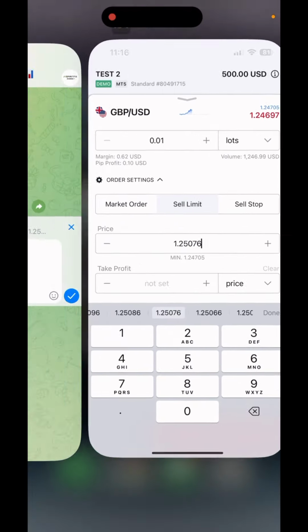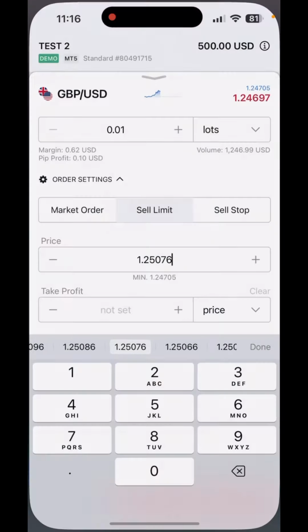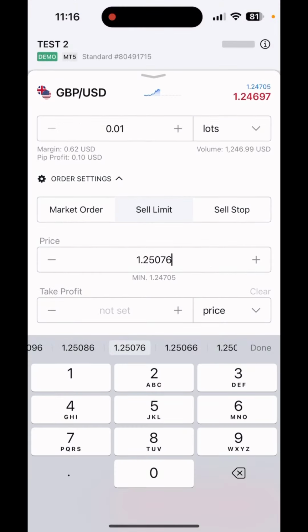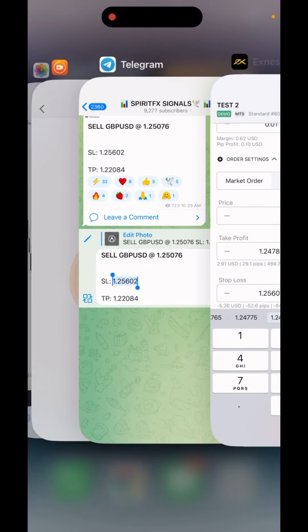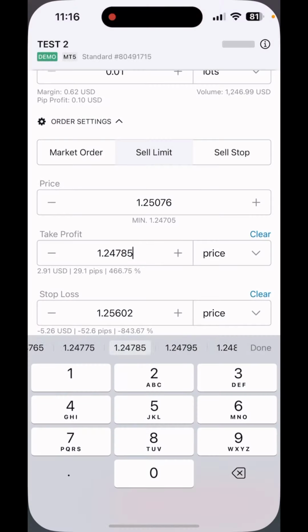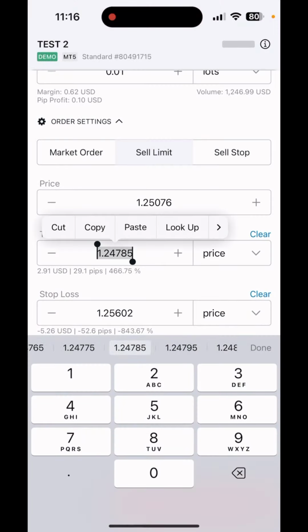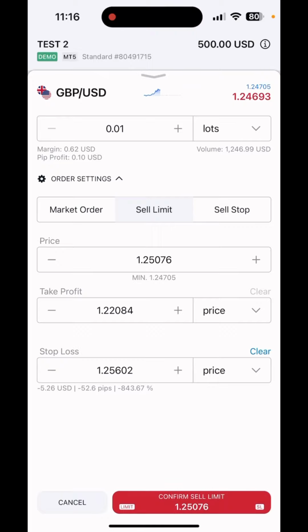Let's also copy our SL. Where's our SL? SL is below. You paste. Now let's also copy our take profit. You copy, you come here, you paste. You click done, you confirm your order.